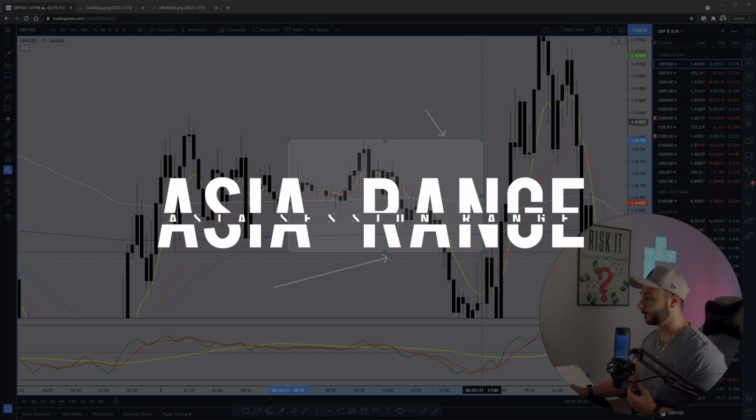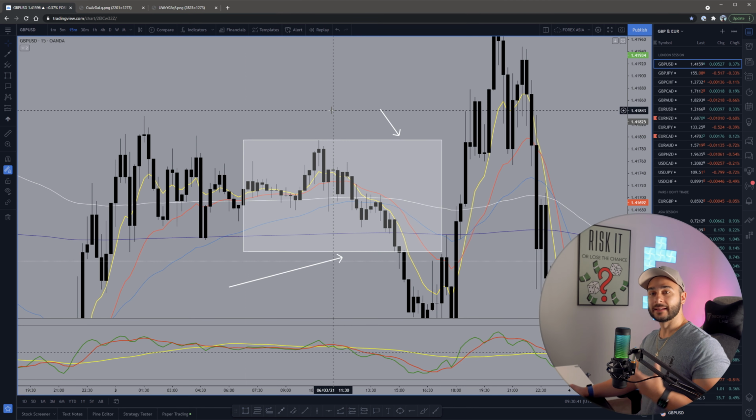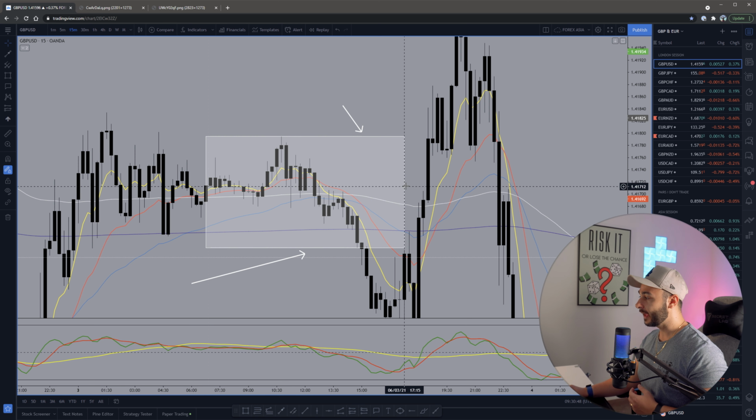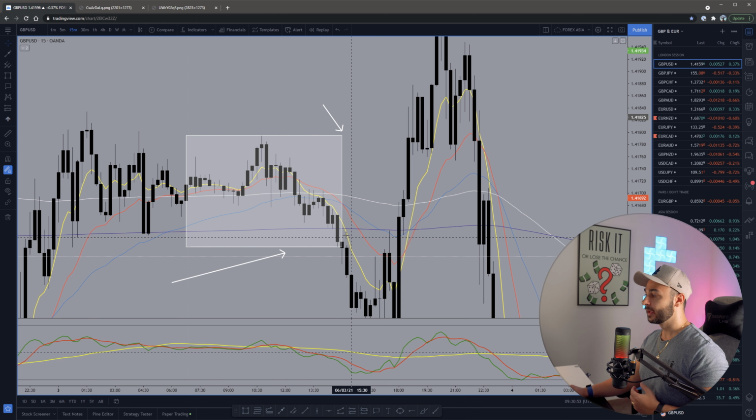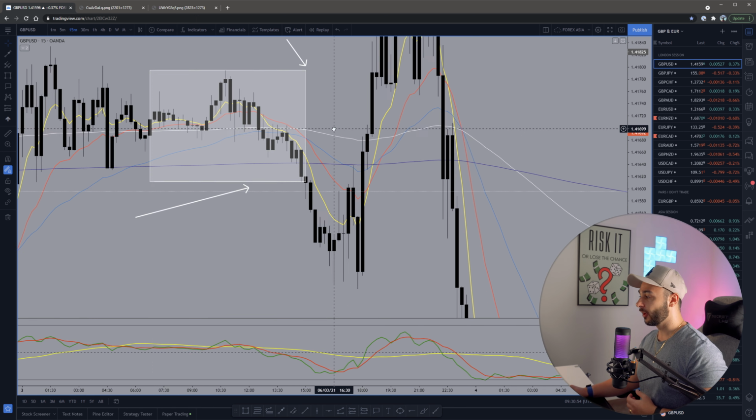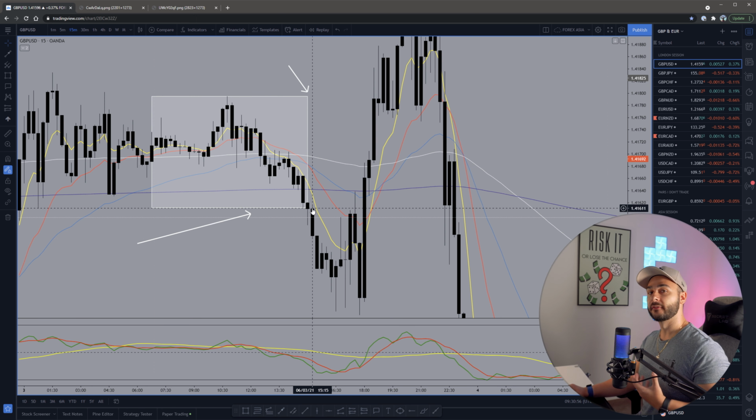Just draw a box. That is the Asia session time, when the Asia market is currently being traded. And then after that, just over here, that is when the London session opens, and you can see how the volume and volatility kick in. This is why I love trading the London session.